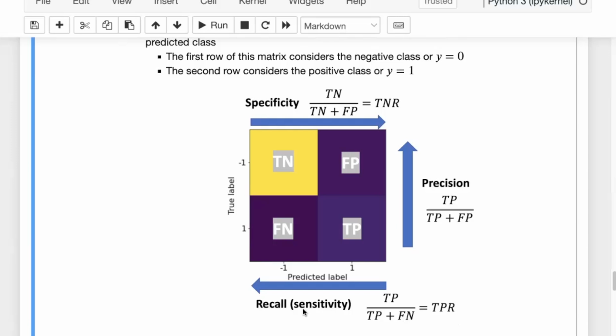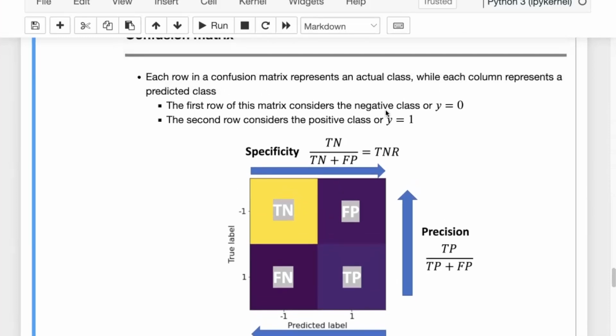In some domains, for example medical domains, this is mainly referred to as sensitivity. And again, in medical domains, they also like to define specificity, which is the true negative rate. This means that among the samples that are actually negative, how many of them are predicted to be negative? So it's true negative over true negative plus false positive, and this is known as the true negative rate.